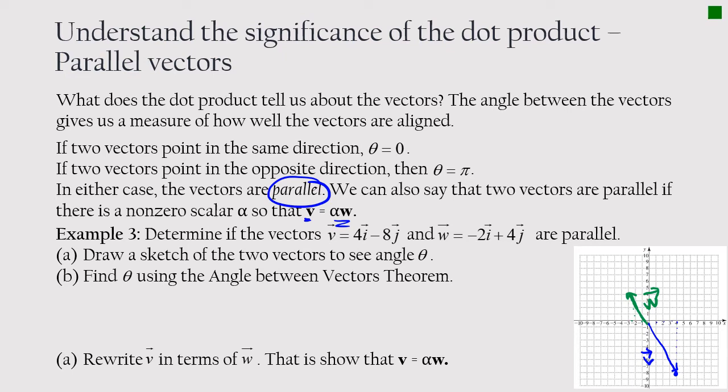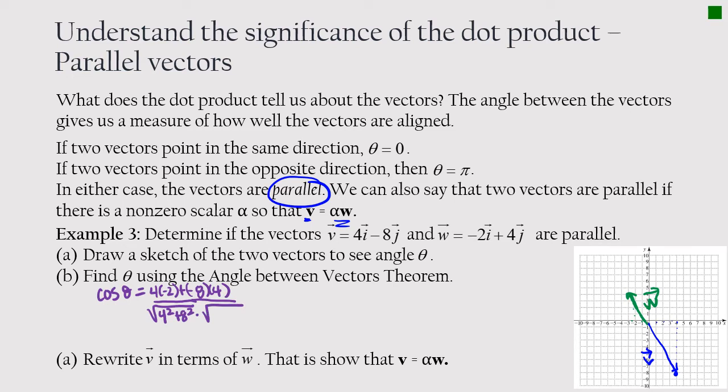So the cosine of theta equals the dot product. When I do the dot product, I get 4 times negative 2 plus negative 8 times 4, over their magnitudes. The magnitude of v is the square root of 4 squared plus 8 squared.